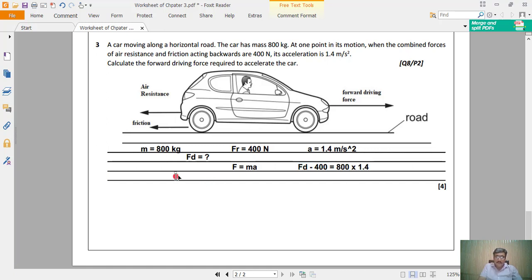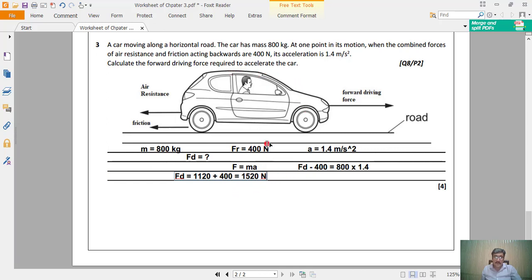So Fd is equal to, if you multiply 800 with 1.4, you will get some value, and I think it is, let me calculate it, it's 1120. And if I take this minus 400 on the other side, it will be plus 400, and you get from here 1520 Newton, which is the forward driving force which is required to accelerate the car.